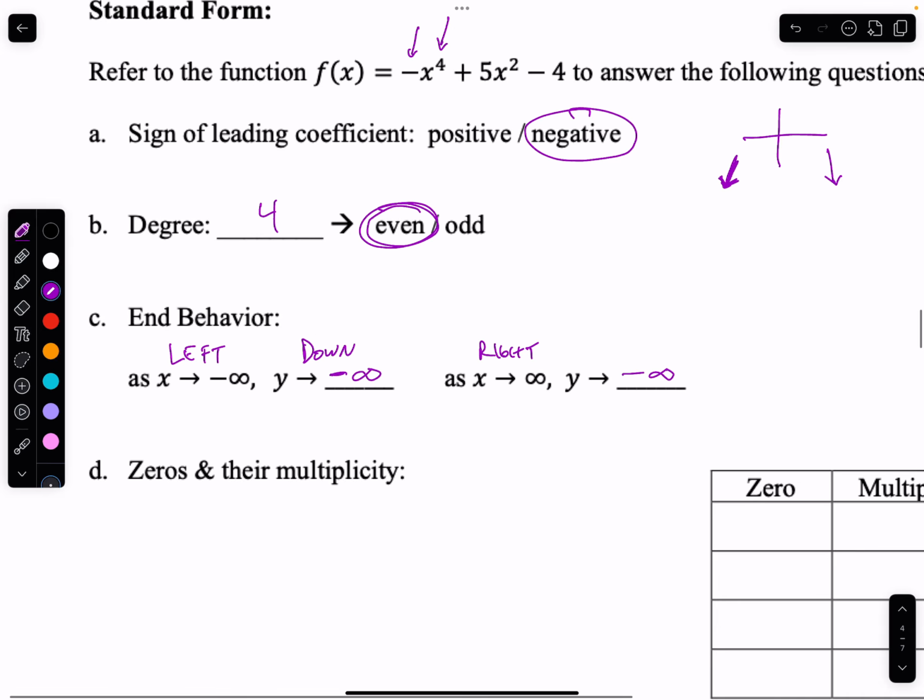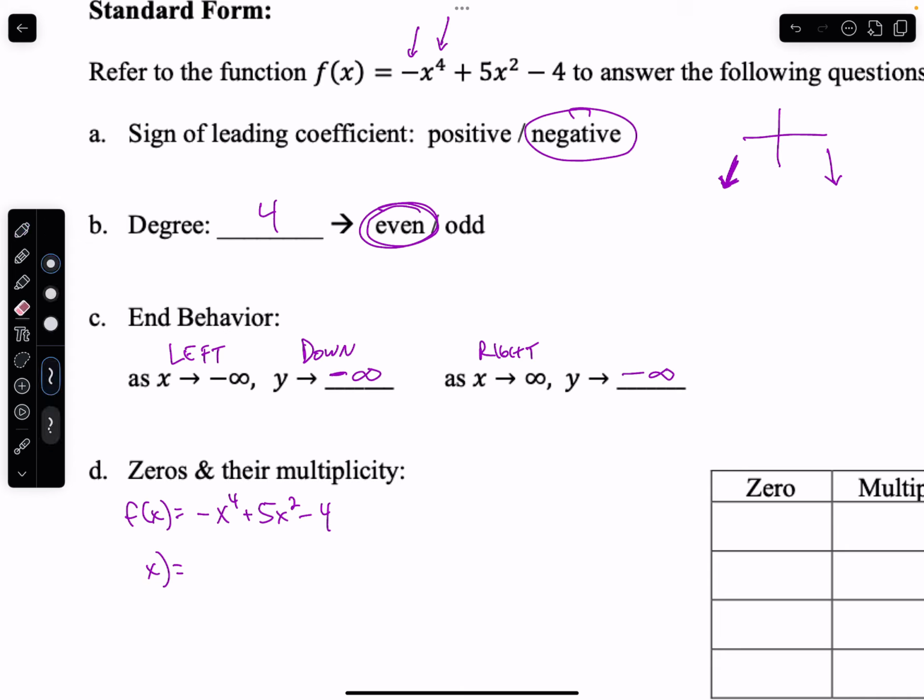Now the zeros and their multiplicity. We have f of x equals negative x to the 4th plus 5x squared minus 4. I'm going to need to factor this to get the zeros, so I'm going to plug in 0 for y and factor out a negative. Then it will be x to the 4th minus 5x squared plus 4.